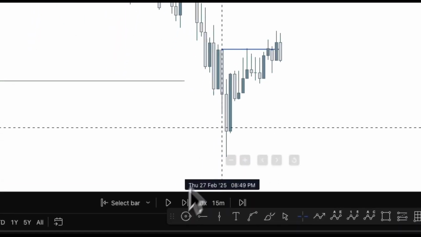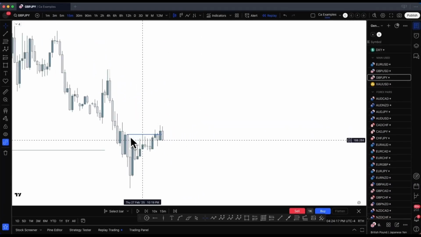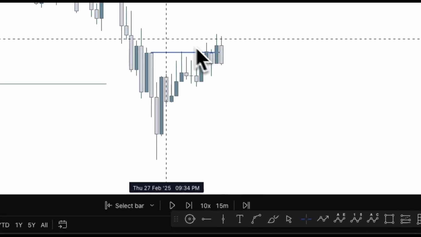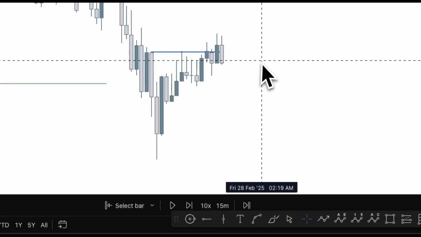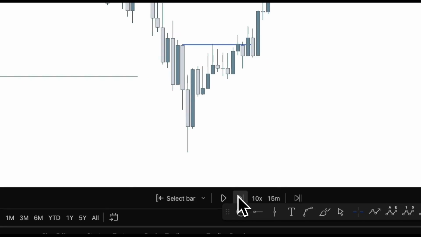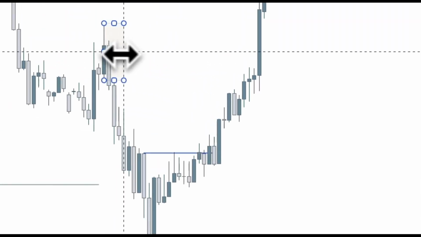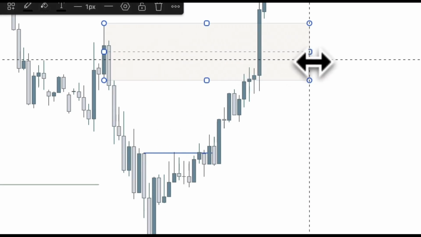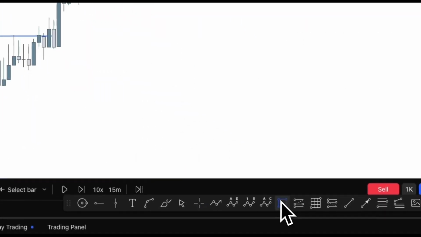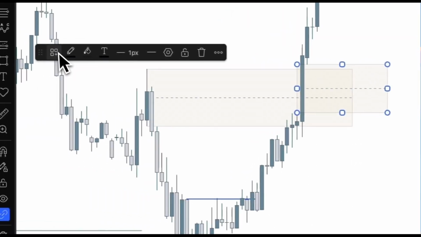So let's wait. Okay, so we have that candle closing over this specific area right here, and what I want is for a unicorn model to form. So what do I have here? A breaker block, right? And a fair value gap right here.